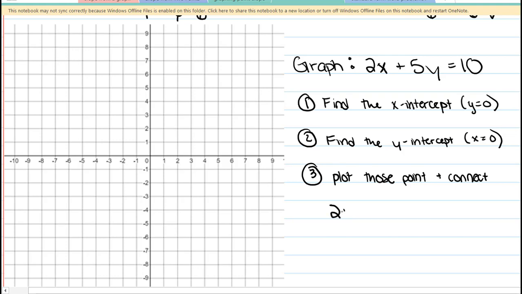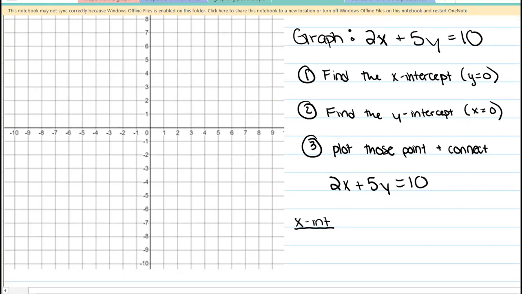If I have 2x plus 5y equals 10, for the x-intercept, the key here is knowing that the x-intercept is always when y equals 0.